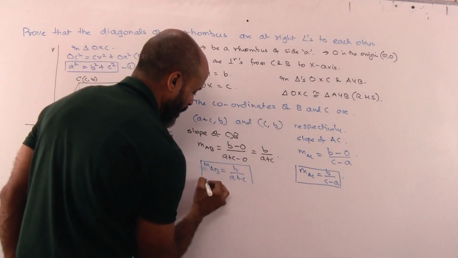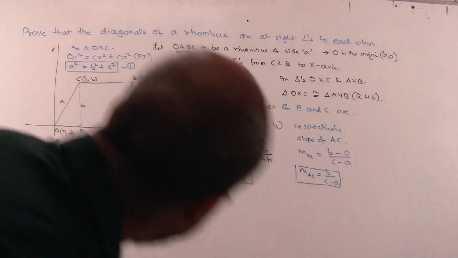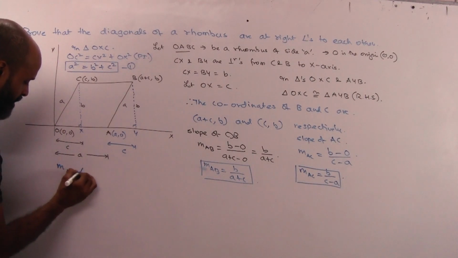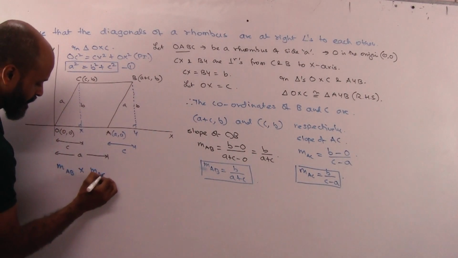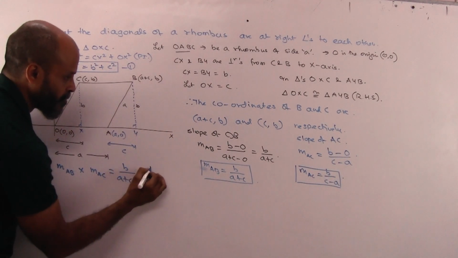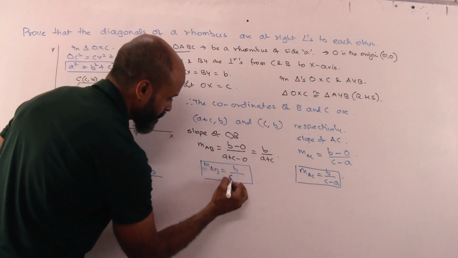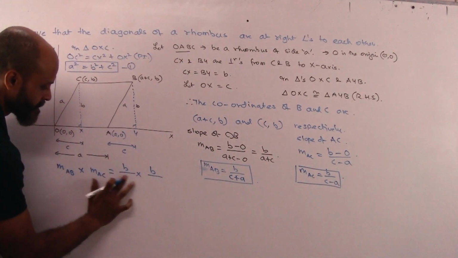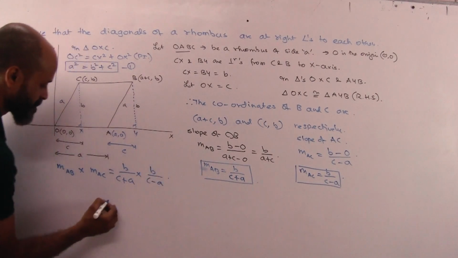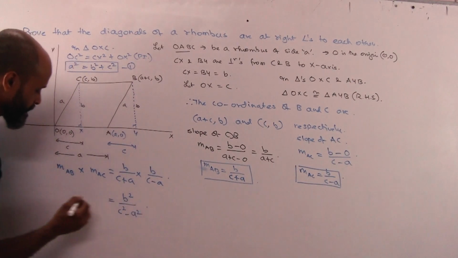Now if these two happen to be perpendicular to each other, then let's say slope of AB into slope of AC, this will be B by A plus C into B by, we can write this as C plus A as well, right? B by C plus A into B by C minus A. So this will give you B square by C square minus A square.